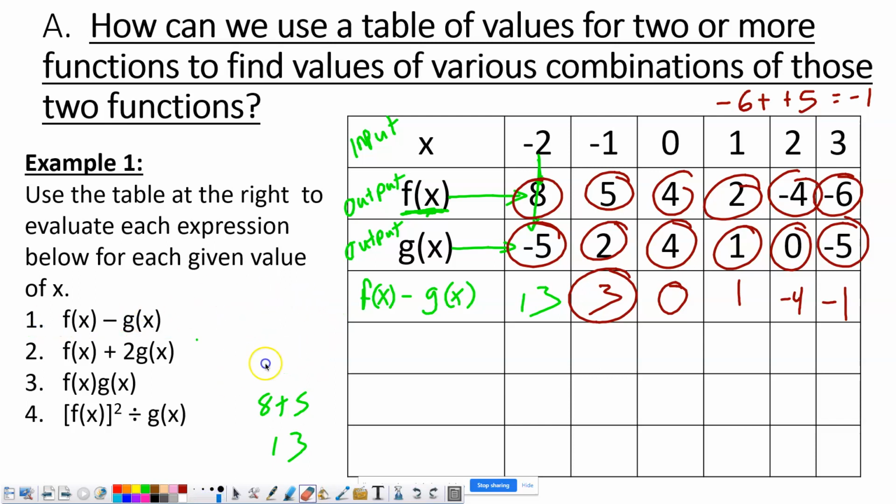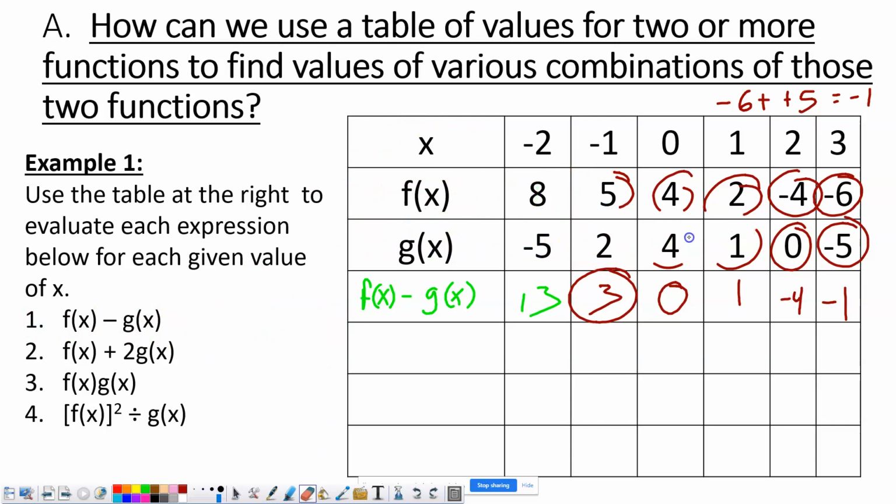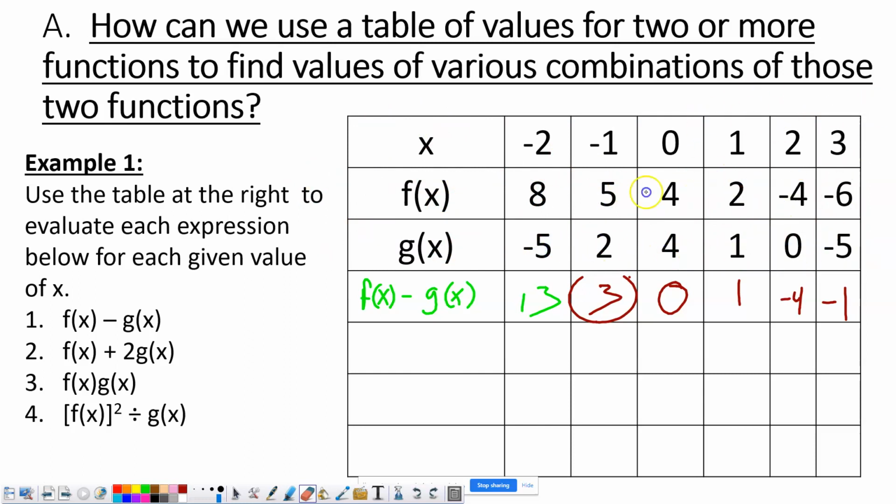Now we're going to do the next one, number 2. Let me clean up my board a little bit. I'm going to get rid of that. I don't like the different colors either. I'm going to change the colors. It's just my OCD acting up there.